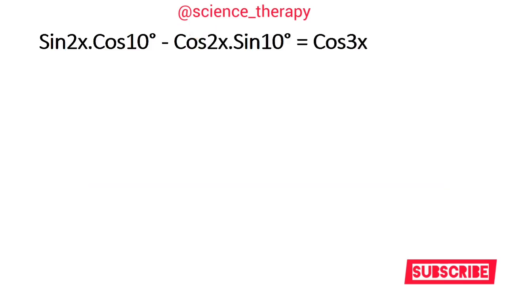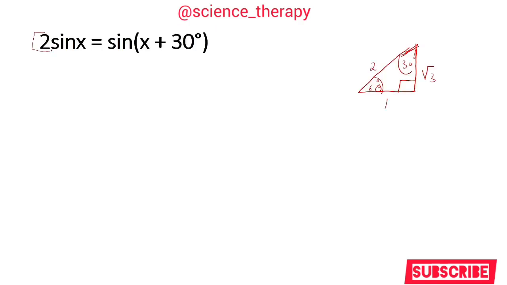Now, this is 2 sine x, and then let's expand this one. This becomes sine x cos 30 degrees plus cos x sine 30 degrees, right?